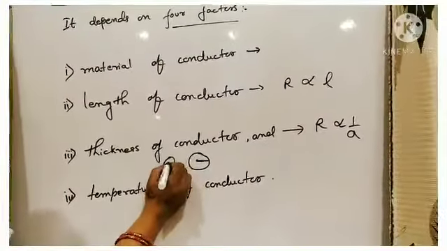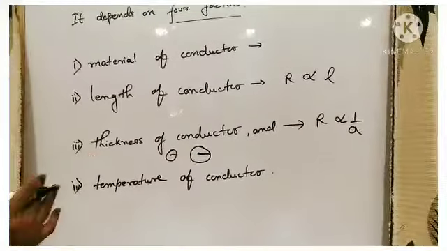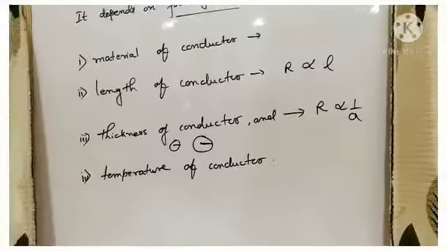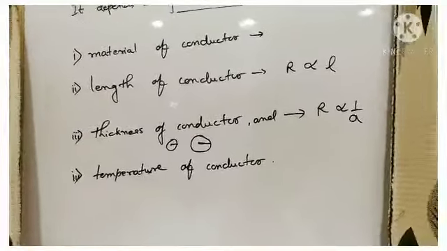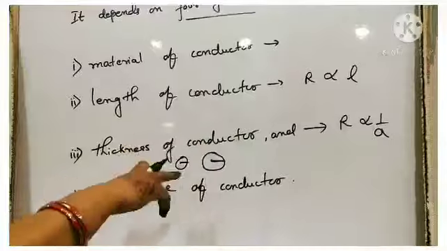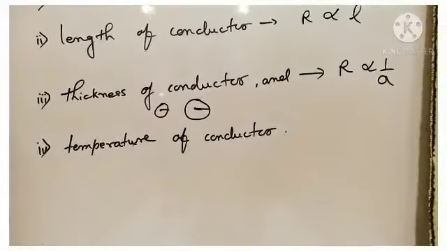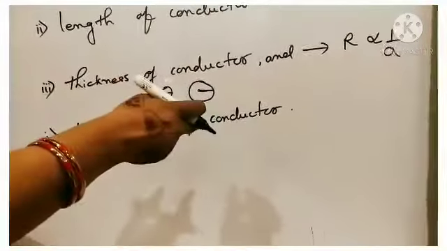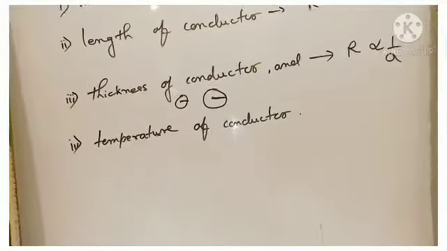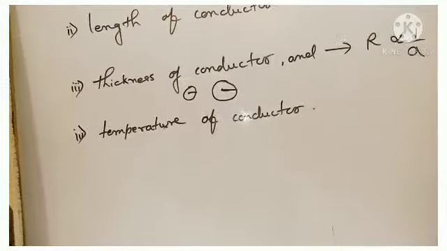So whenever the area of cross section is more, resistance will be less. If the radius of the wire of the same length is doubled, its resistance becomes 1/4. If the radius is tripled, the resistance becomes 1/9 and so on.